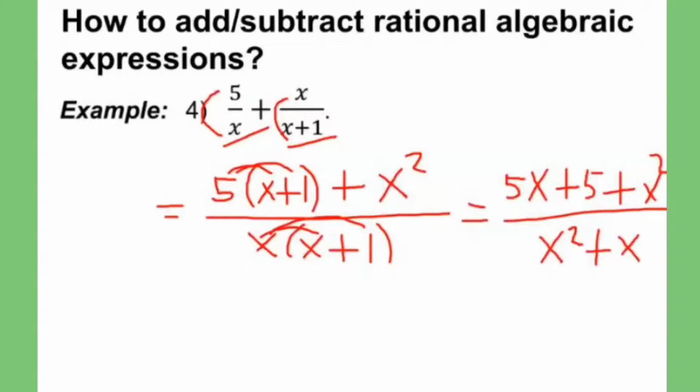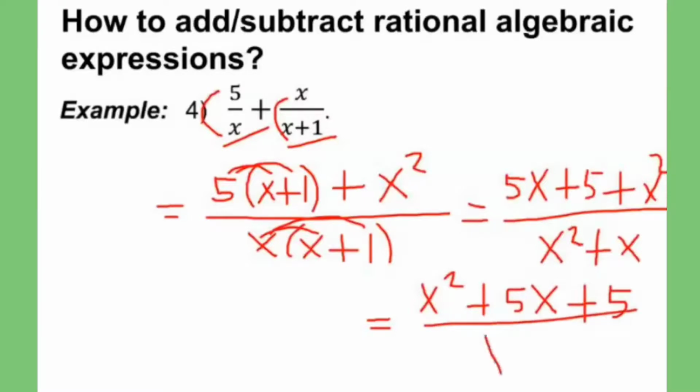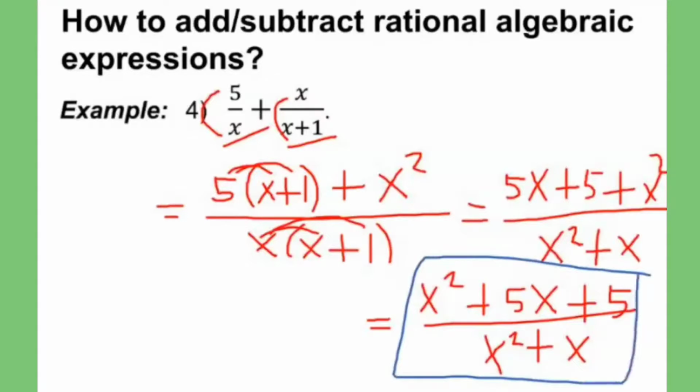Or, we can arrange the terms in our numerator in descending order. We start with the variable with the highest exponent. So we have x squared plus 5x plus 5 all over the denominator x squared plus x. And this is already our final answer.